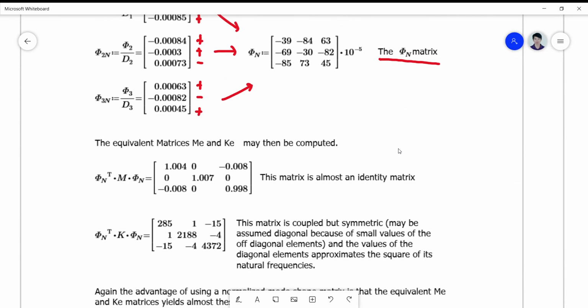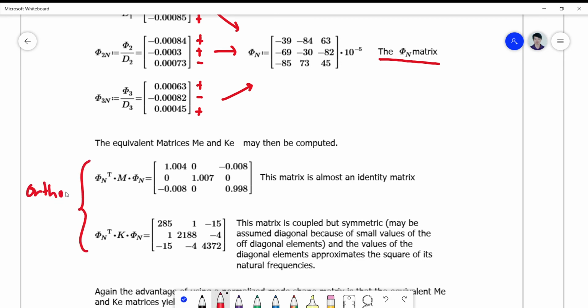So the equivalent matrices can now be checked in the form of phi transpose m phi. What do you call this? Orthogonality procedure. Okay, so remember we are using the property of orthogonality to check whether your matrix will be converted into an identity matrix almost, and a diagonal matrix, assuming that the values here are almost zero compared to the square of the frequencies.